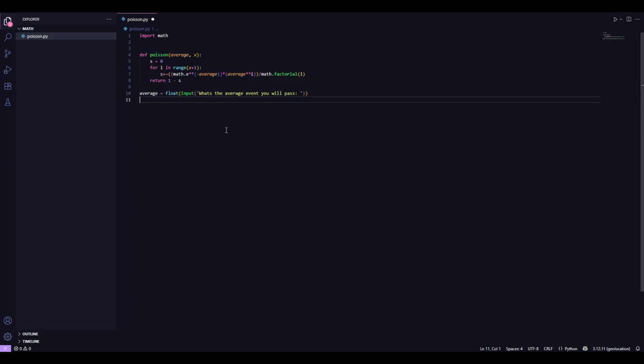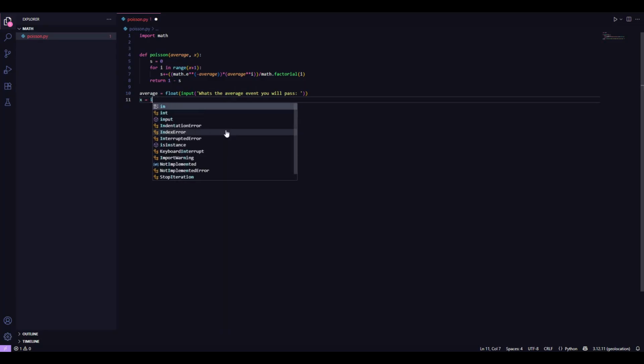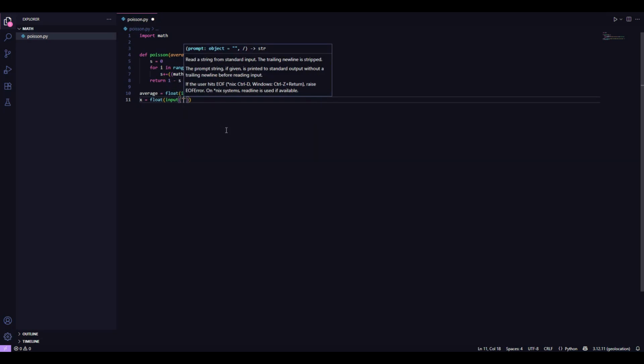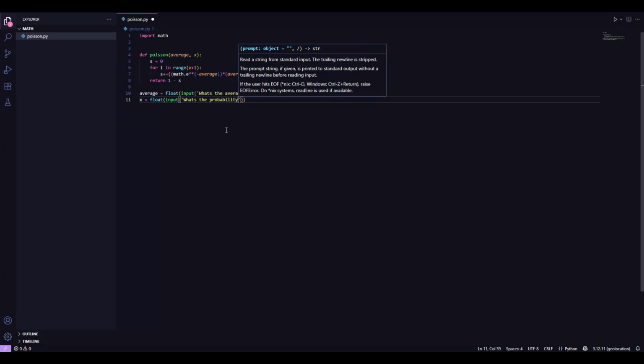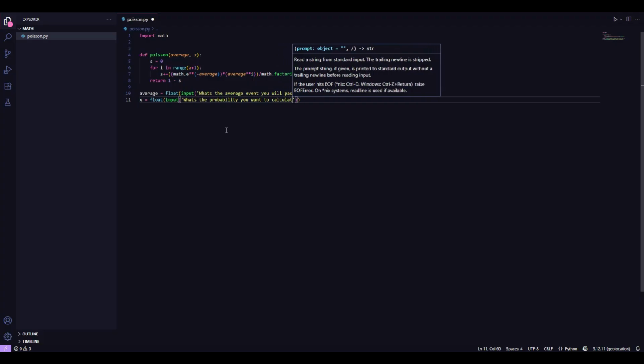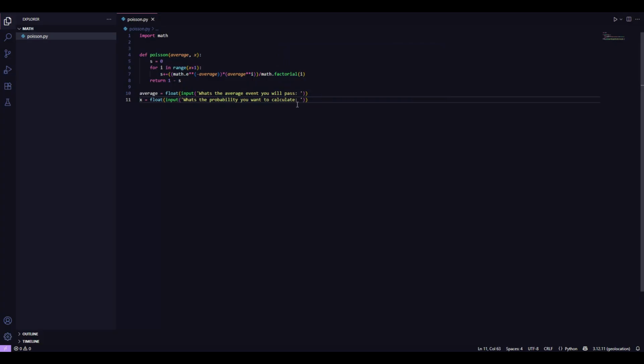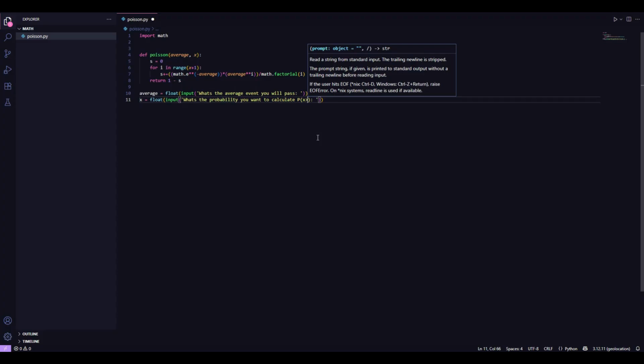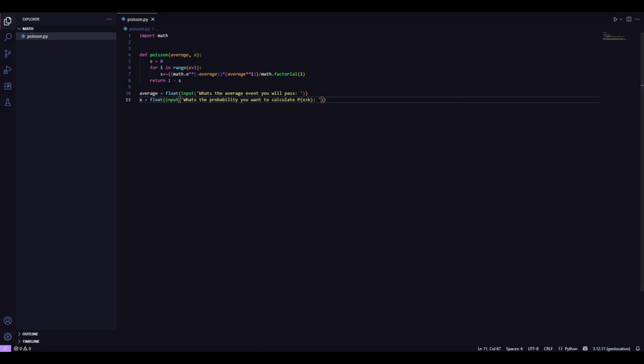And the x, int or float input: what's the probability you want to calculate. In that case, it's the probability of P(X more than k). I mean, the event is more than what you would like. In that case, it's the probability of more than 2 murders per month.